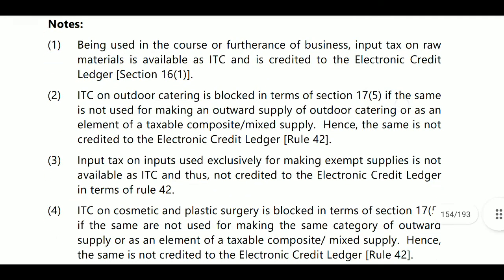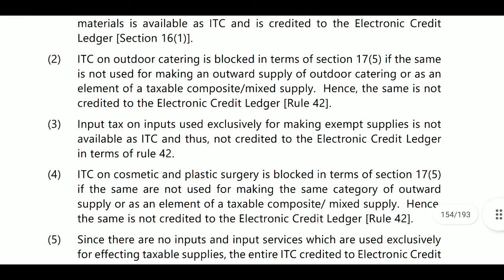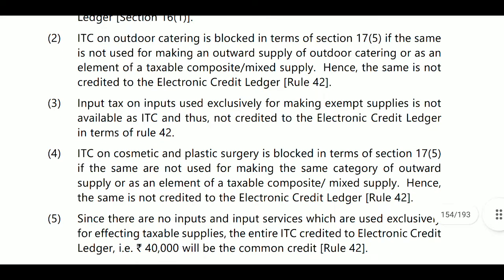Next, ITC on outdoor catering is blocked in terms of section 17(5). If the same is not used for making outward taxable supplies of outdoor catering services or as an element of taxable composite or mixed supply, then the same is not credited to electronic credit ledger.